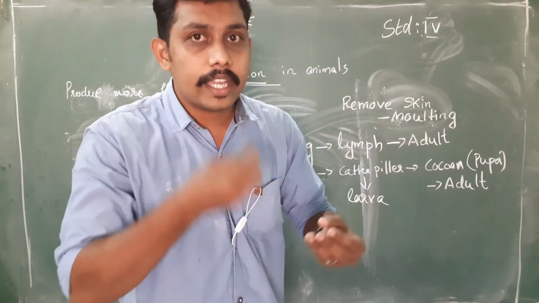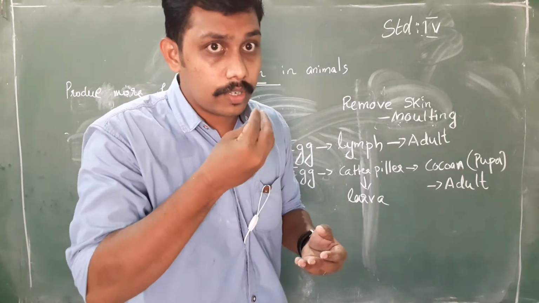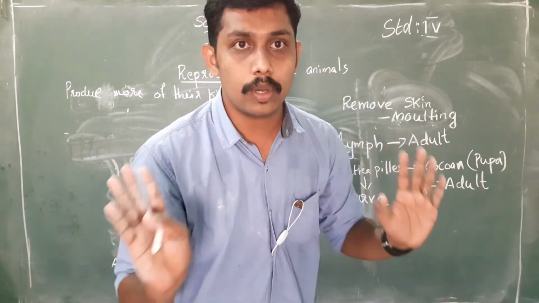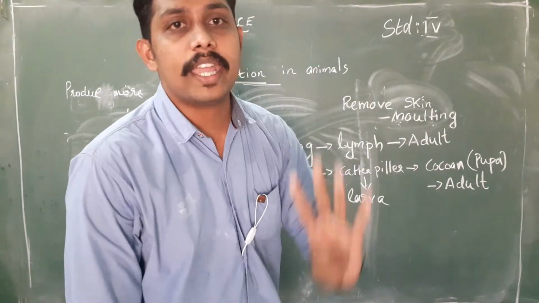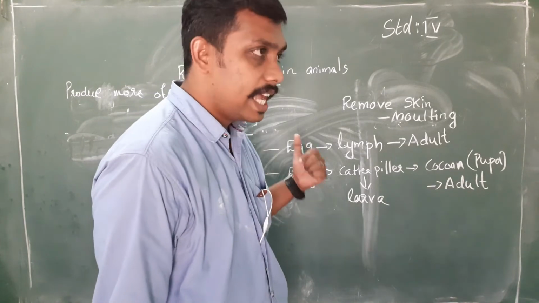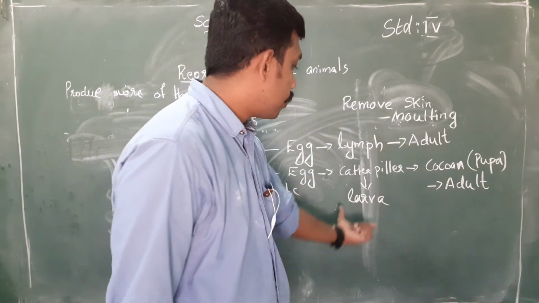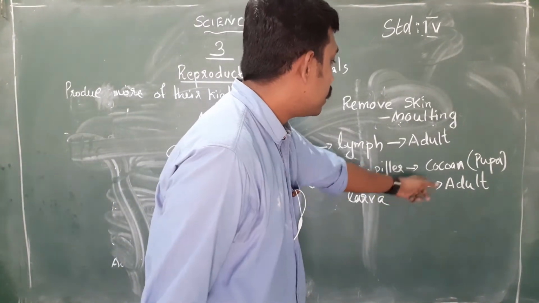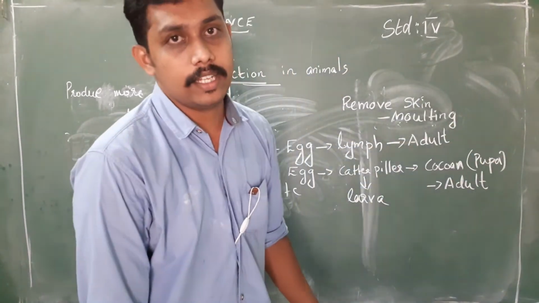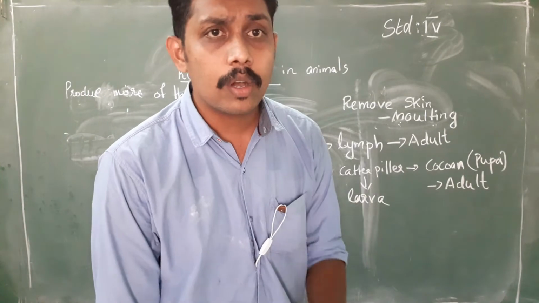After eating food, it becomes cocoon. There is a cover formed. So these are the 4 main stages of formation of butterflies. First one is egg, second one is caterpillar or larva, third one is cocoon or pupa, and the fourth one is adult. Okay, adult butterfly is formed.